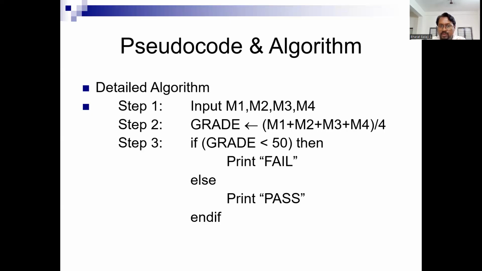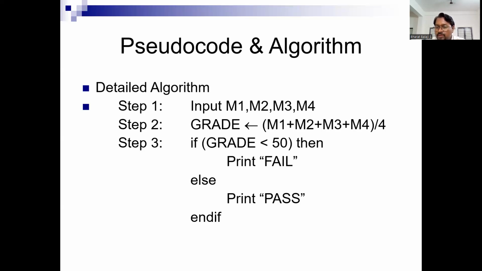Detailed algorithm. We are going to take the 4 subject marks M1, M2, M3, and M4. That is, we write input M1, M2, M3, and M4. That means the user has to give the input marks M1, M2, M3, and M4. In the next step, we sum M1, M2, M3, and M4.